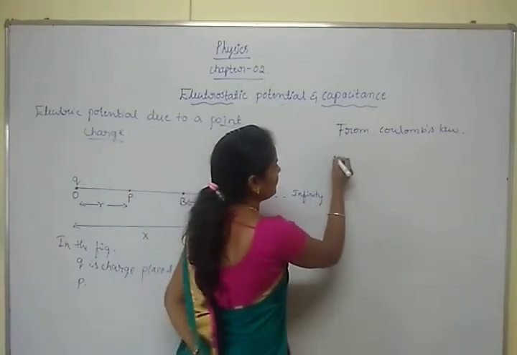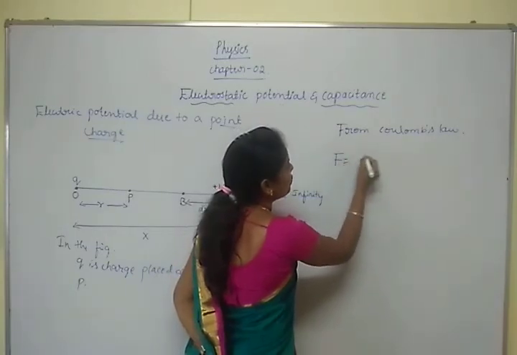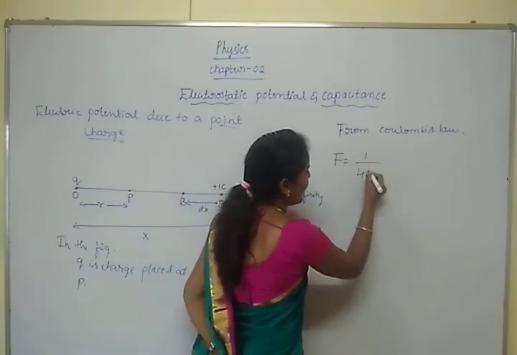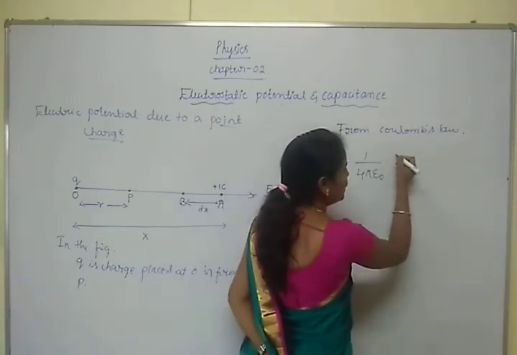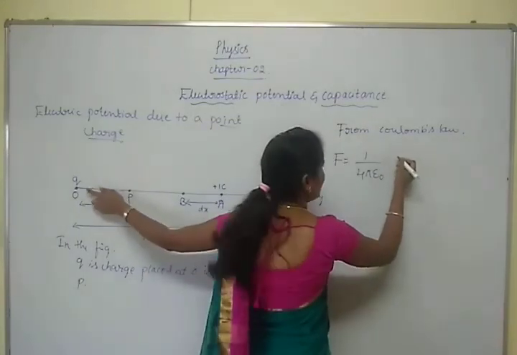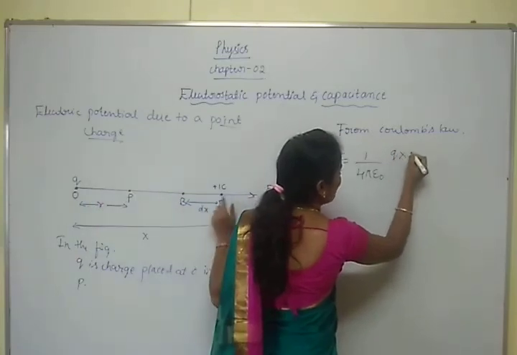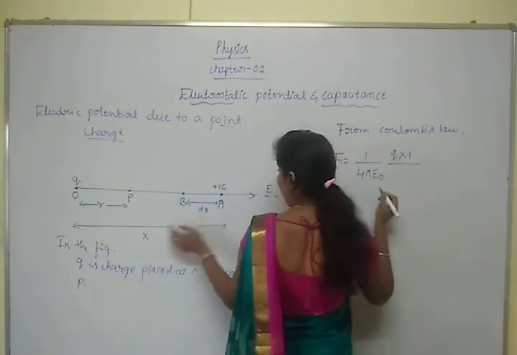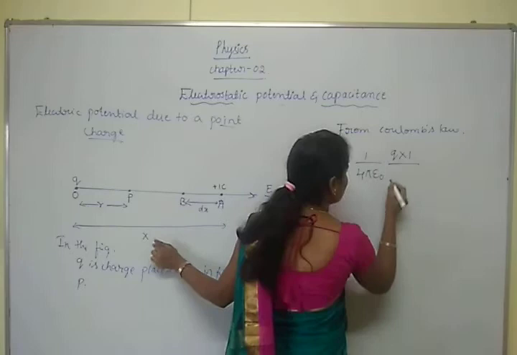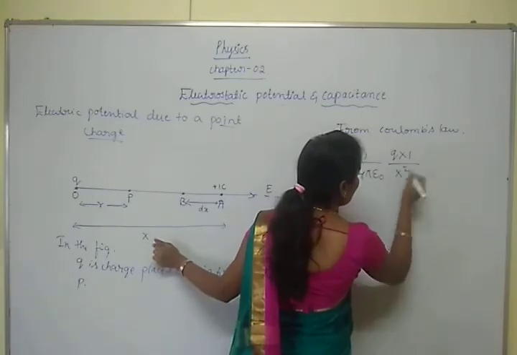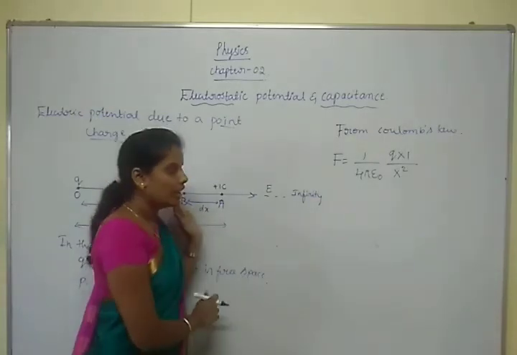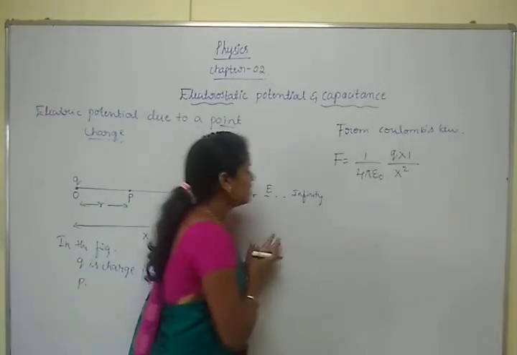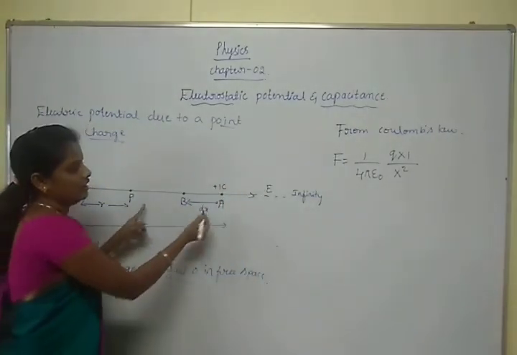Therefore, F equals 1 over 4 pi epsilon naught q1 q2 divided by r square, where q1 is Q and q2 is 1 coulomb of charge, and r square means x square. This is the force of attraction taking place here. Then the work is to be done.